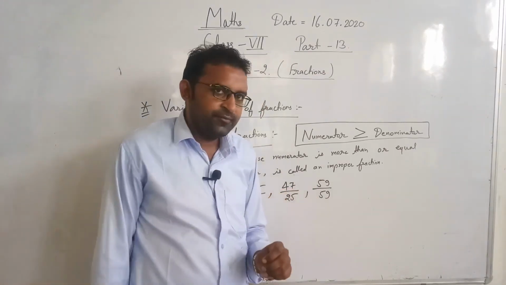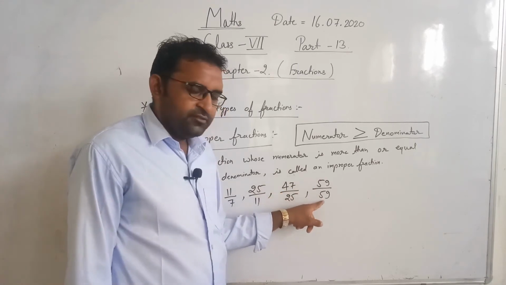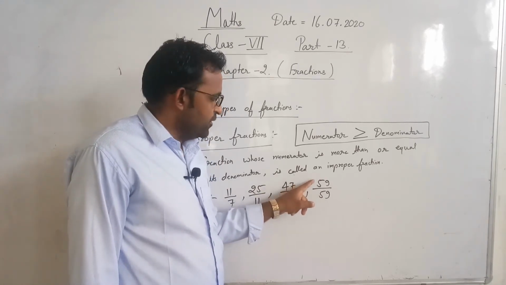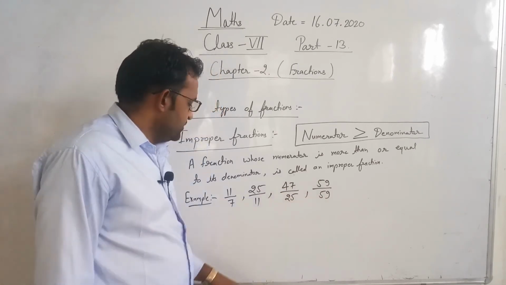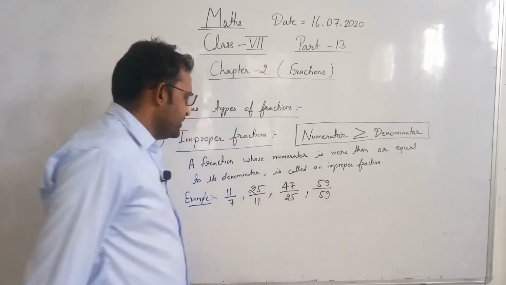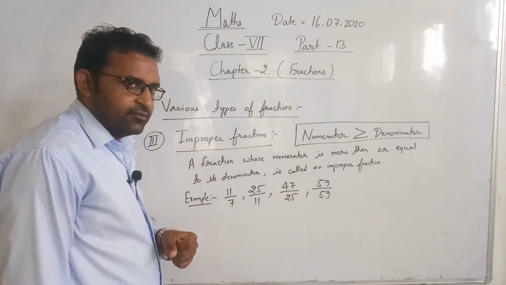The numerator is 59 and the denominator is also 59. So the numerator is equal to the denominator. So all examples are improper fractions.